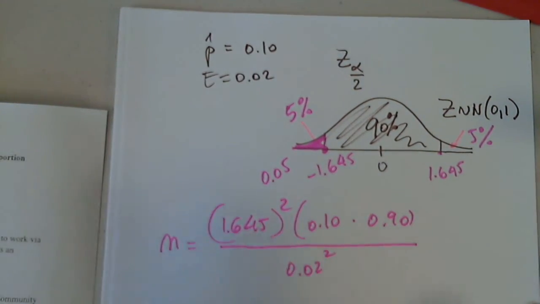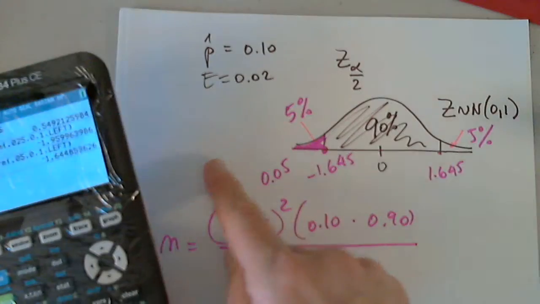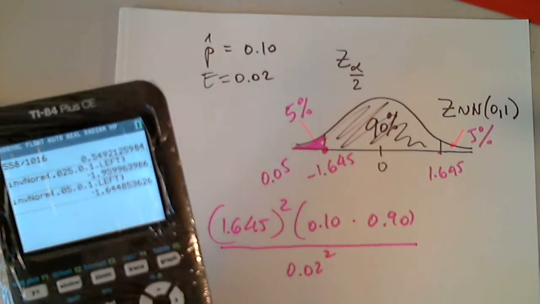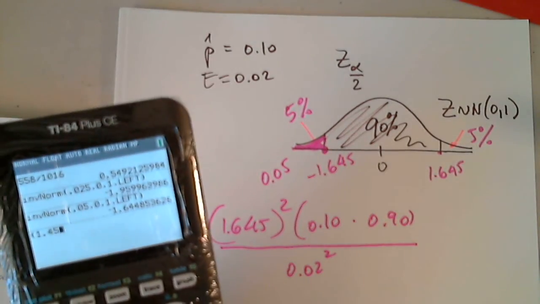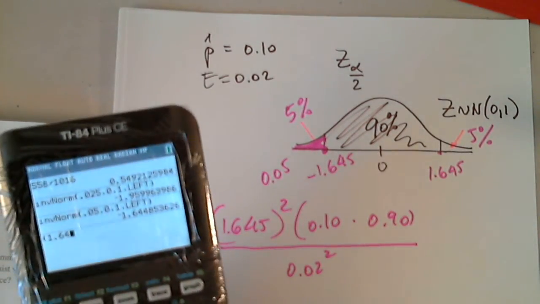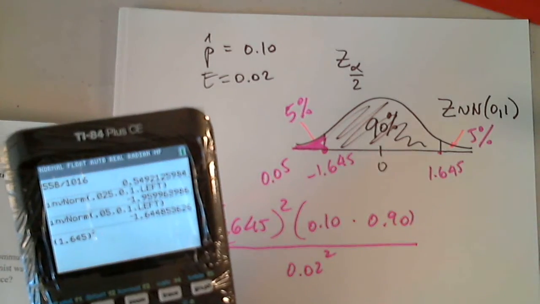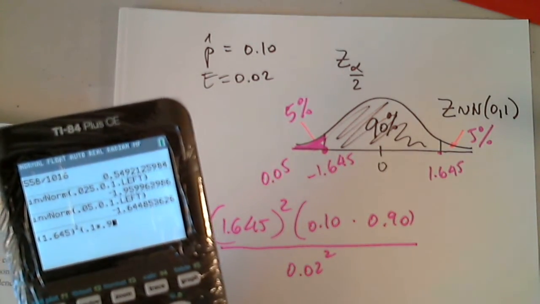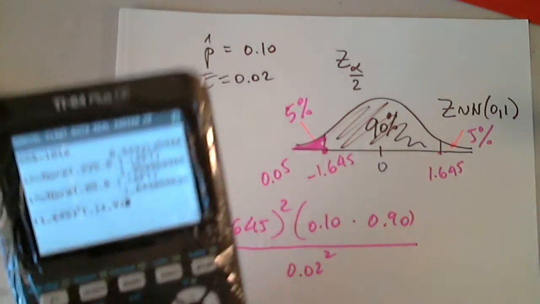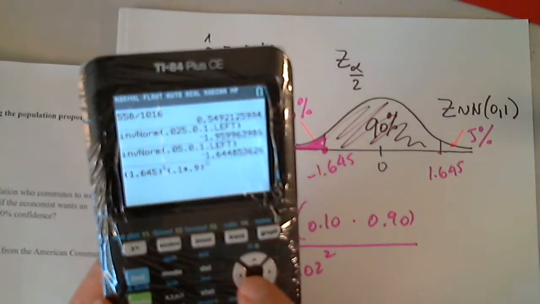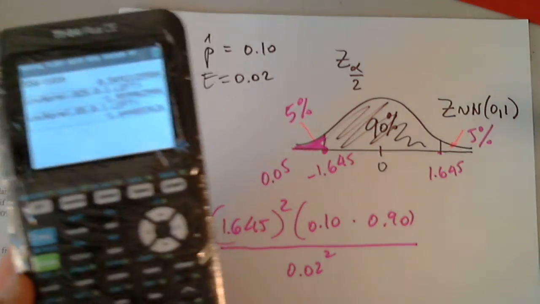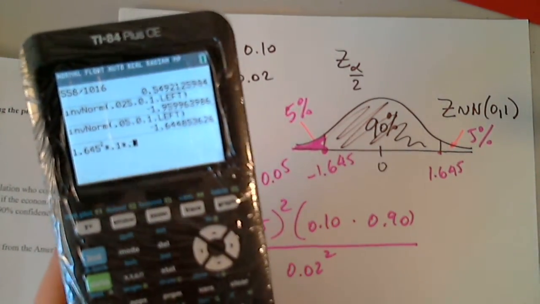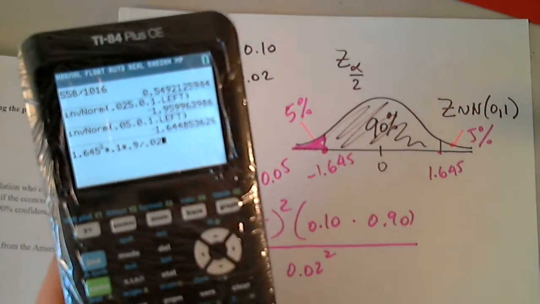Because they're all multiplied, it will work without parentheses, but normally we should put parentheses around the top and around the denominator. So 1.645 squared times 0.1 times 0.9 and divide by 0.02 squared.